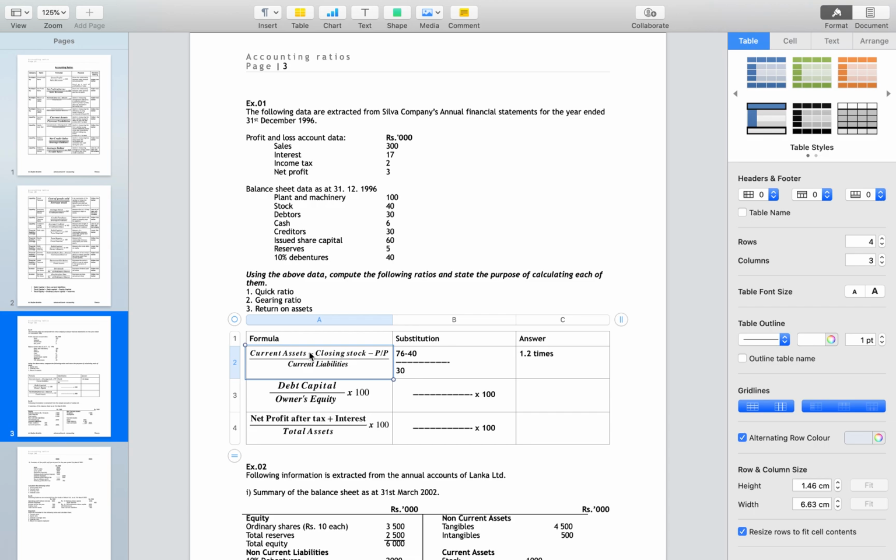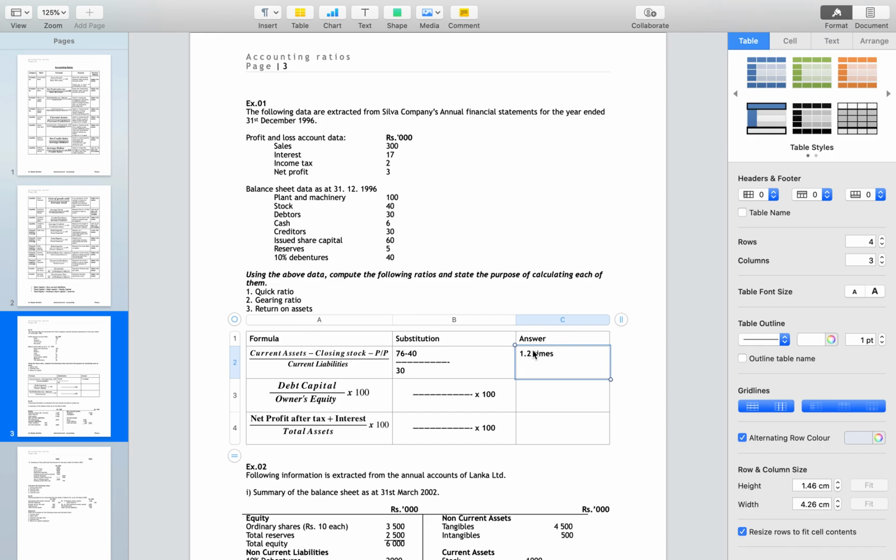So over here what we are trying to do is remove closing stock. In accounting, closing stock is the least liquid asset. So we are removing the least liquid asset. After that we are going to see how well a company can settle its liabilities using current assets. So in this case it can settle up to 1.2 times.